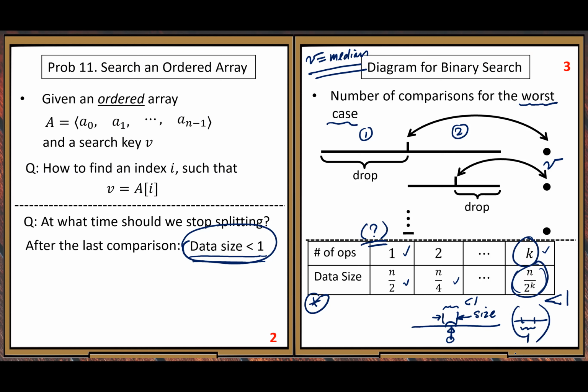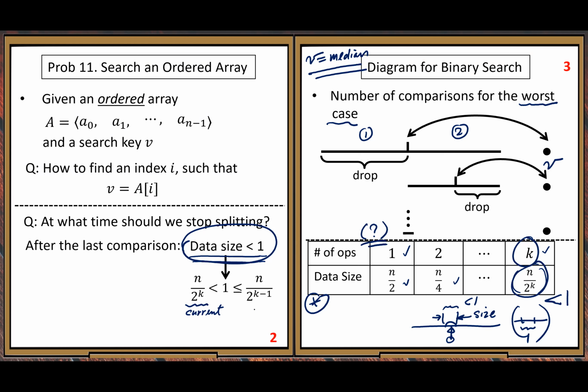So you need to do one more splitting. But here, strictly less than 1, no reason to do another splitting. So that is the stopping criterion. All right. So with that, because this is our size expression, this is the current size.